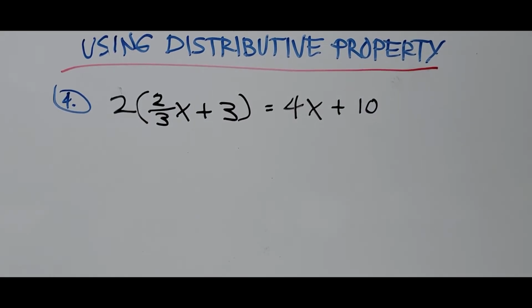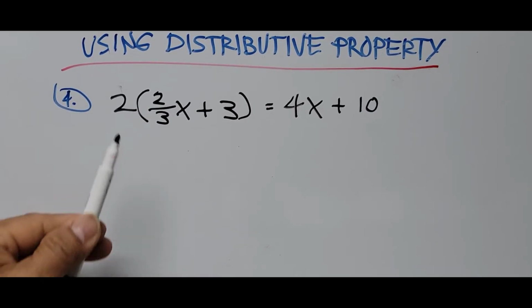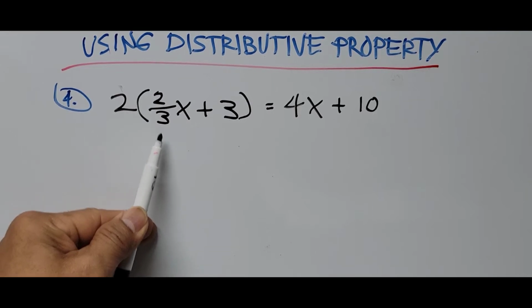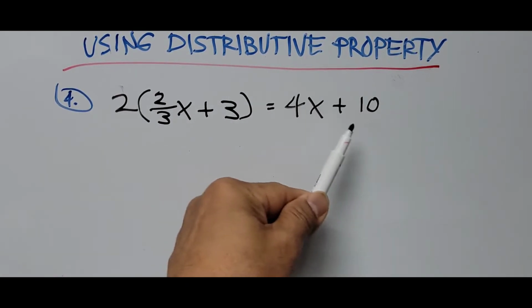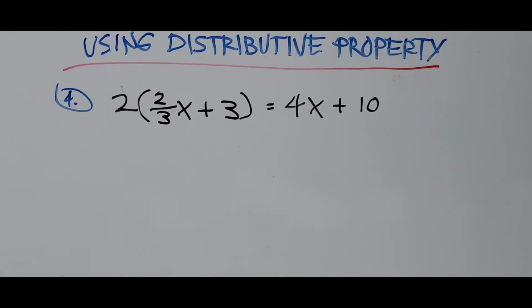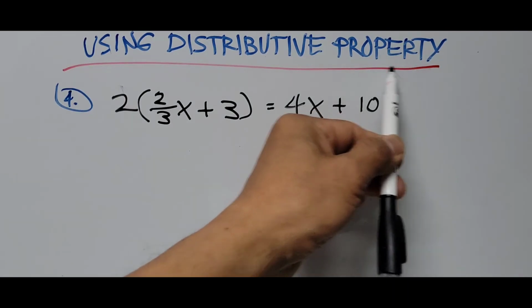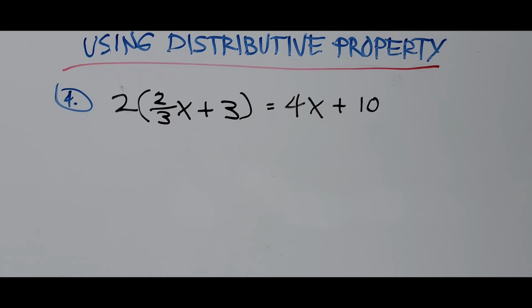Now we have example number 4. 2 times the parenthesis 2/3 x plus 3 close parenthesis equals 4x plus 10. Now, talking about the distributive property, what does it mean again?